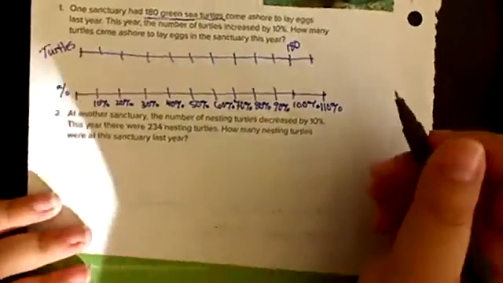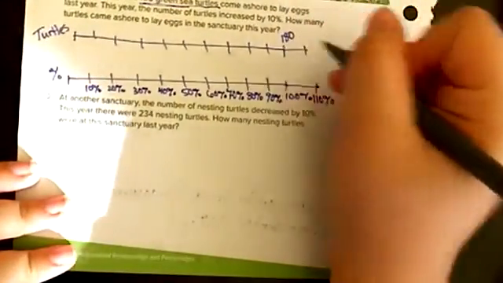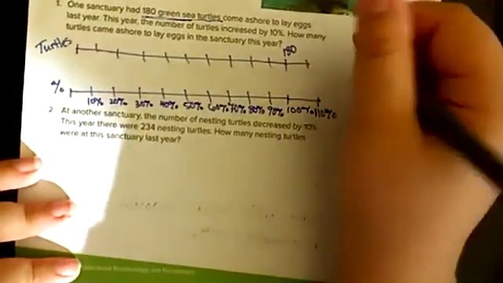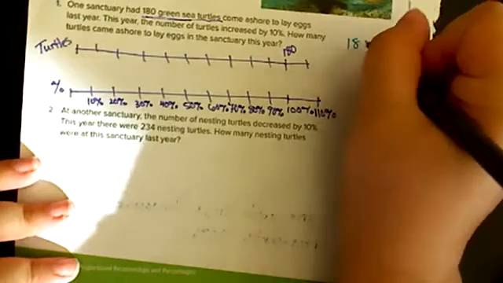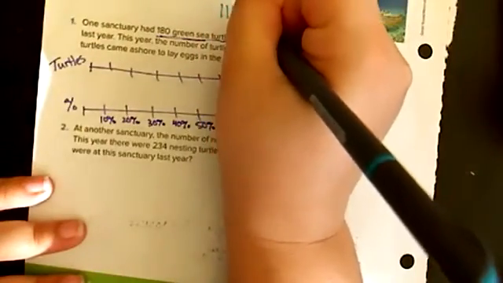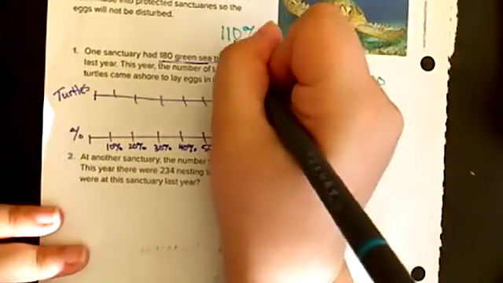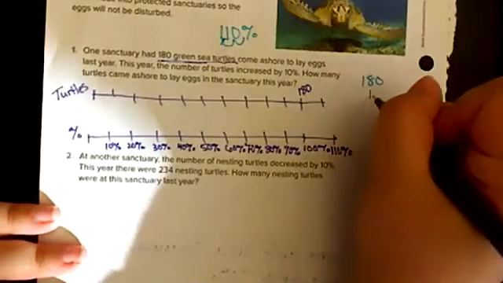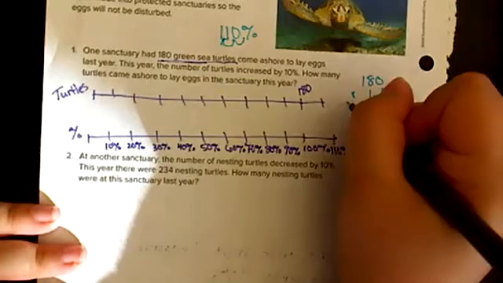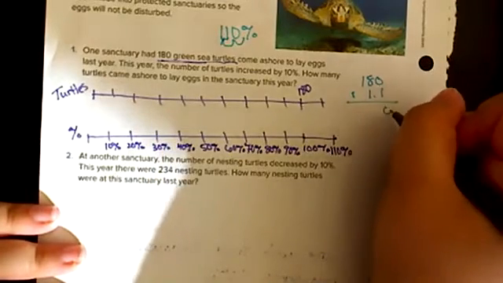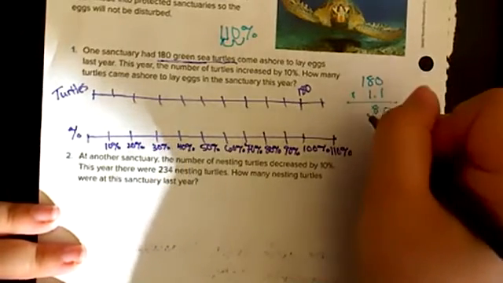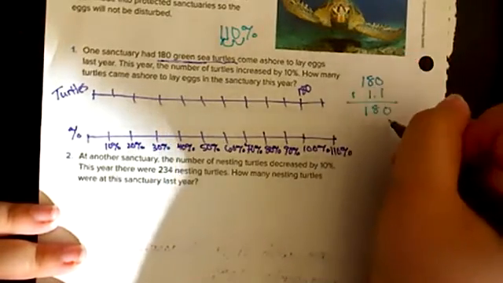Or what we could do actually instead is multiply 180 by 110%. So 180 and our 110%, the decimal place is here. We need to move it over 2 spaces, 1, 2. So we'd only need to multiply this by 1.1, multiply. 1 times 0 is 0, 1 times 8 is 8, 1 times 1 is 1.